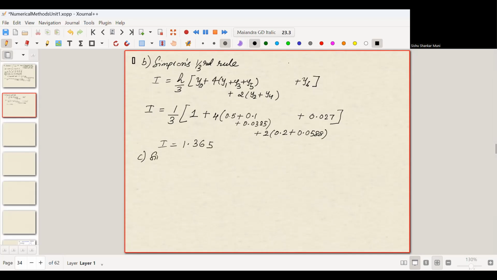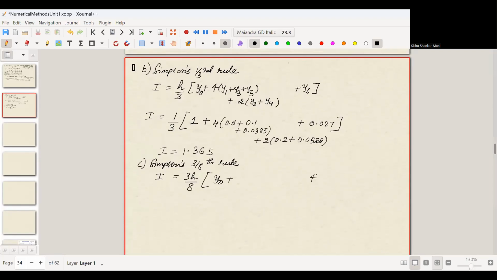Now Simpson's 3/8. And you just saw the formula, right? So of course it will be 3h by 8 times y0 plus y6. Those we leave undisturbed. Then the ones multiplied by 2. Those indices are y3 only.